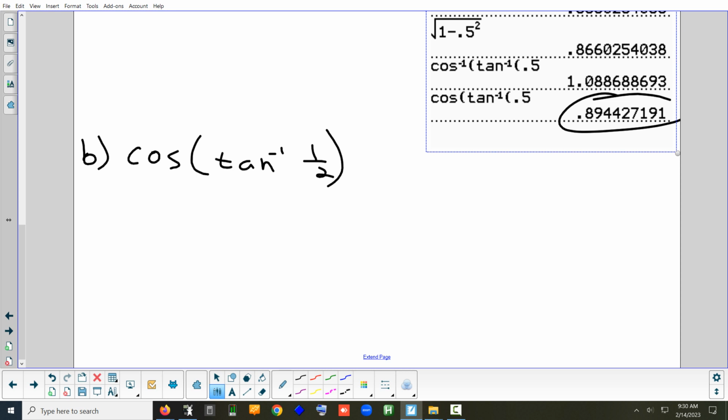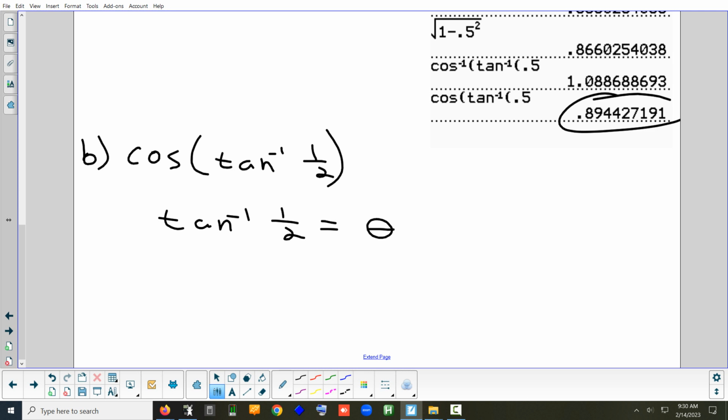Okay, so which trig function do we want to start with? The inside one. What do we set it equal to? Theta. Set it equal to theta.